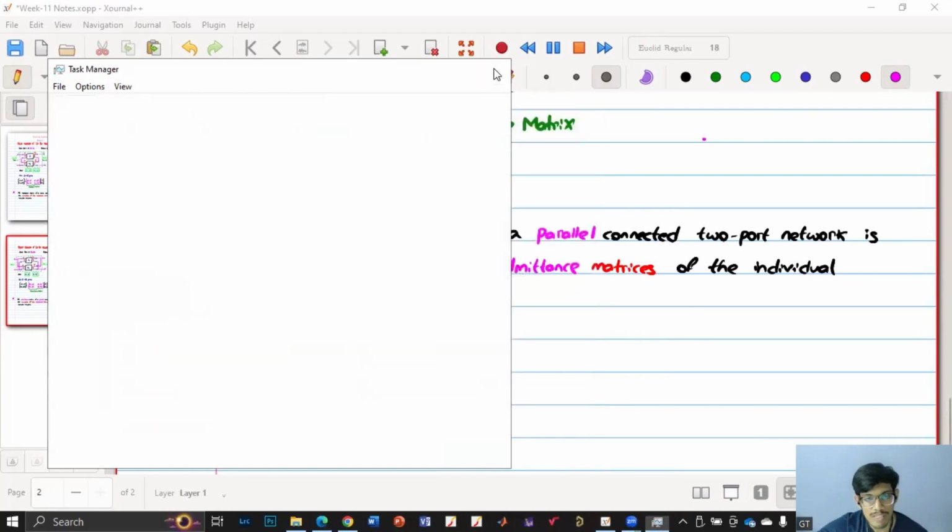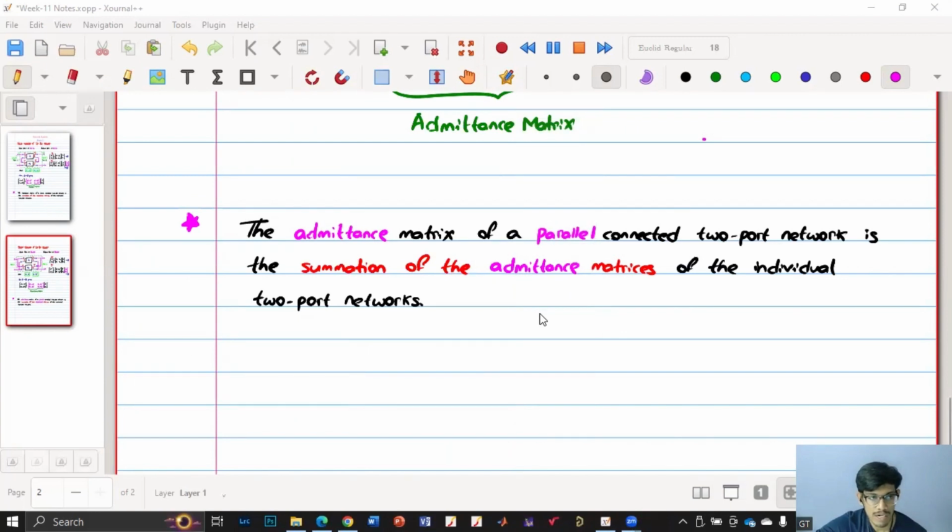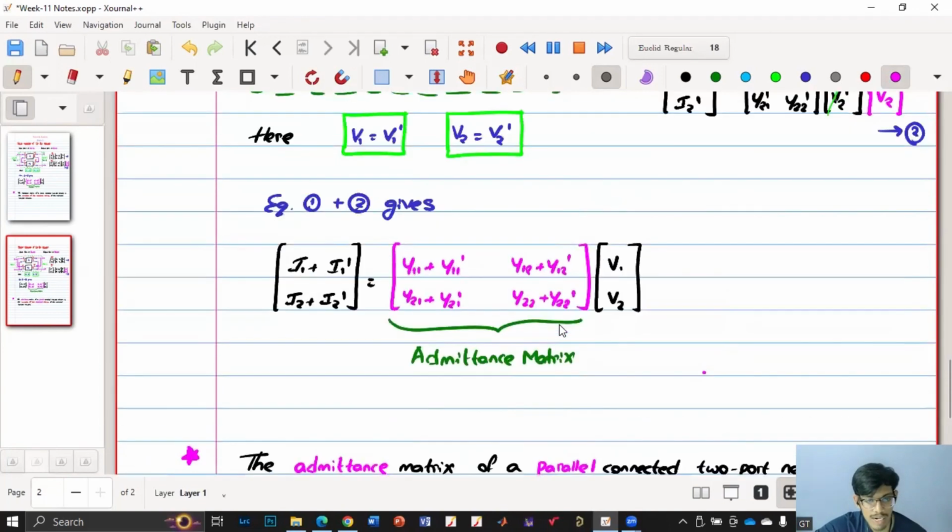Whereas in the case of parallel connected two-port network, the easiest way to obtain any parameter is the admittance parameter, because we have seen the voltages are same. So that's why we are calculating the admittance parameters.